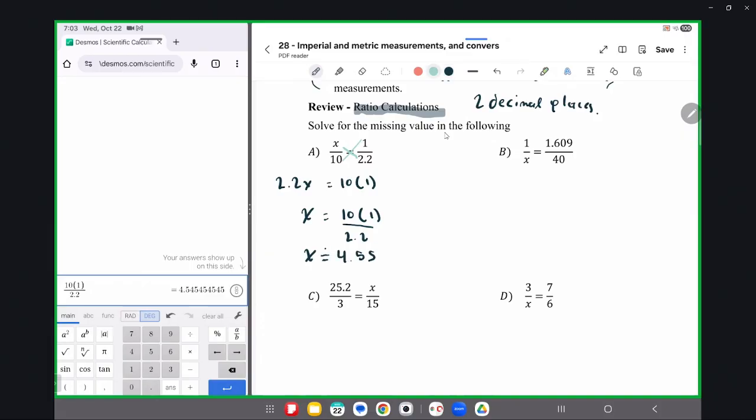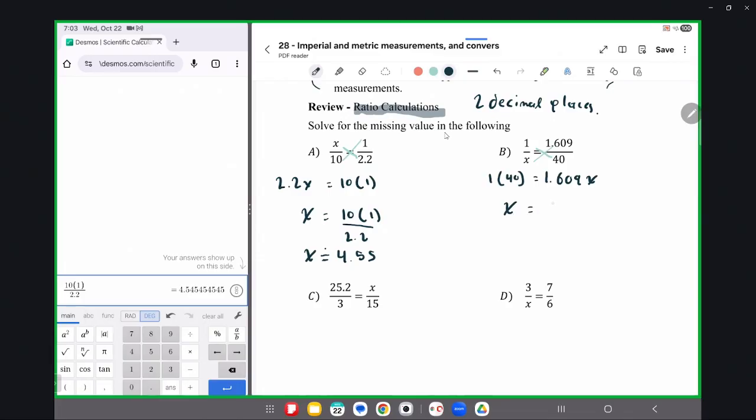Okay, let's try letter B. We have 1 over x is equal to 1.609 over 40. So we're going to use the means and the extremes. And we're going to have 1 multiplied by 40 is equal to 1.609 multiplied by x. Divide both sides by 1.609.